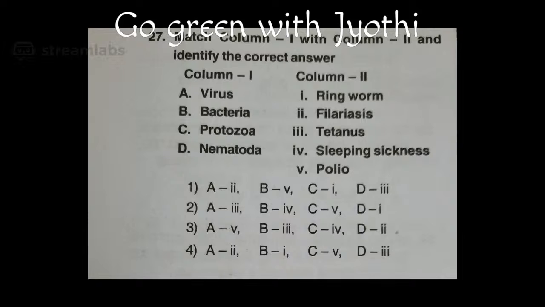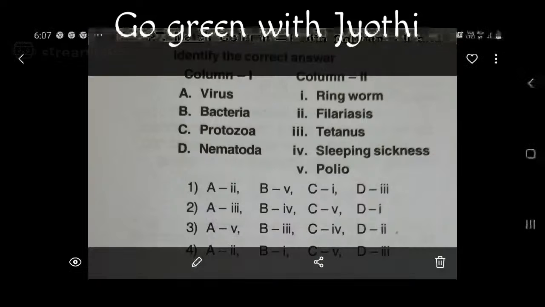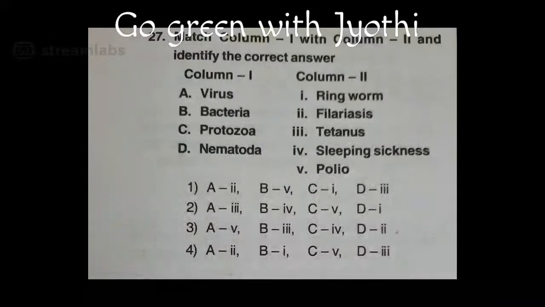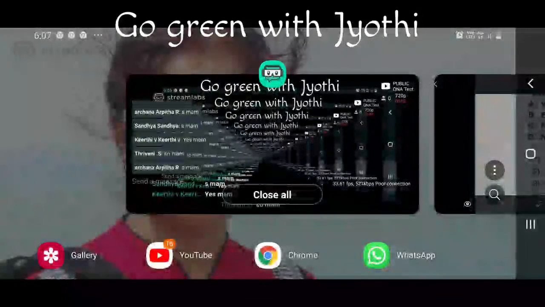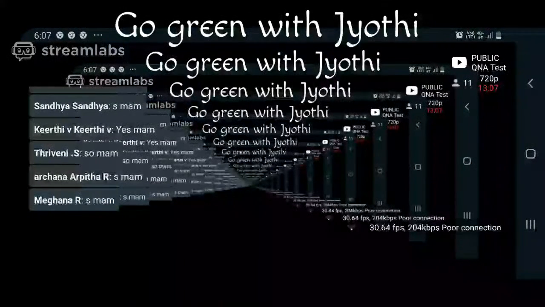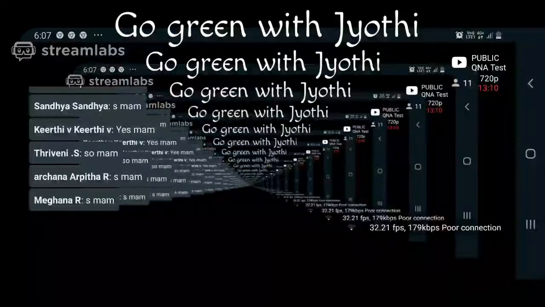Now you all want to match column 1 with column 2 early and try to answer. Hope all of you gone through the question. Okay. What will be the answer for the first test item?